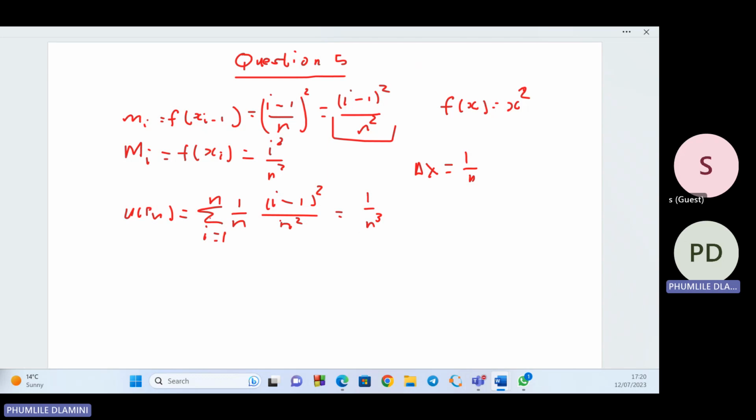We take it out of the sigma notation. Then it's going to be 1 over n cubed, the sum from i equals 1 to n of (i minus 1) squared.